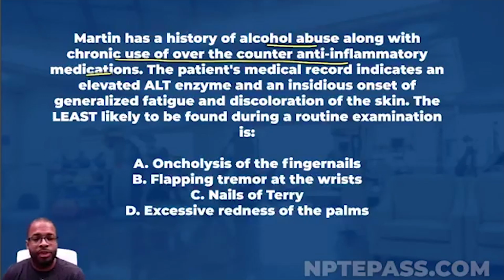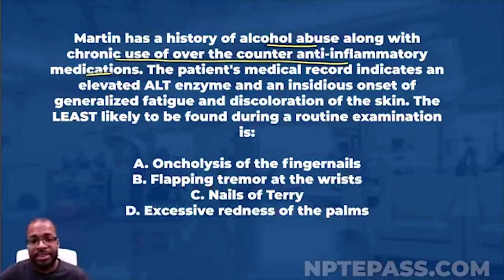So if the patient's using a lot of that, again, what structures are really getting the brunt of it? They're getting damaged by it. Again, you could say the kidneys here. You could say the stomach, right? You start to develop peptic ulcers from anti-inflammatory medications. But one of the major ones that really takes the brunt of this abuse is the liver. And so these are just some ideas that are going through my head as I'm looking at that first sentence.